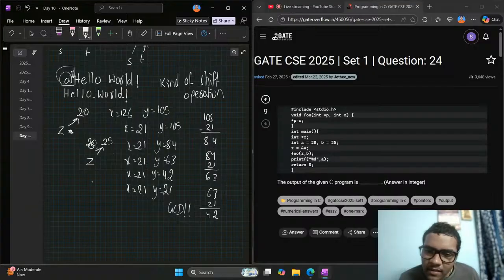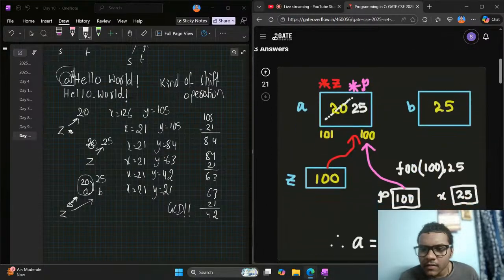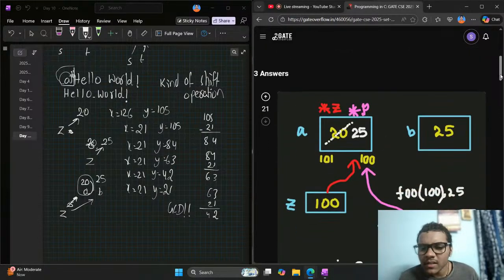Easy, right? So let's do A20, B25, and Z is pointing to A, and this function is called. Now Z is pointing to B, and now you need to print a value that is just 20, right? Right, what?